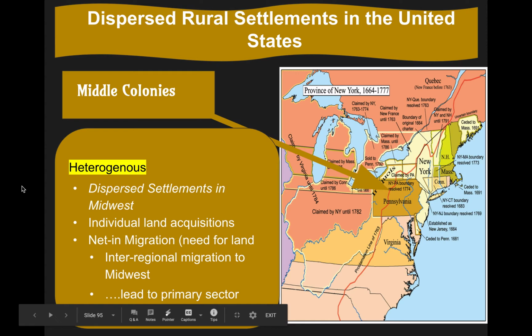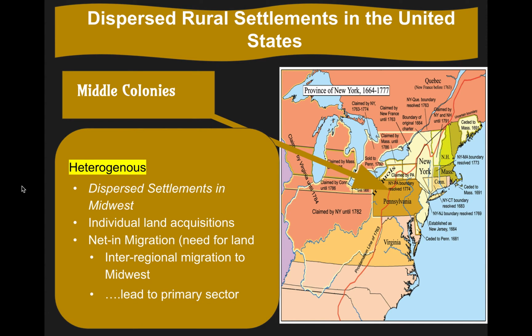All right, the middle colonies was much more heterogeneous. There was more cultural diversity. And with that, you had individual land acquisitions. So now you're going to have plotted cities different than you would have in the New England areas. And you would see a net immigration into that area because of the diversity.